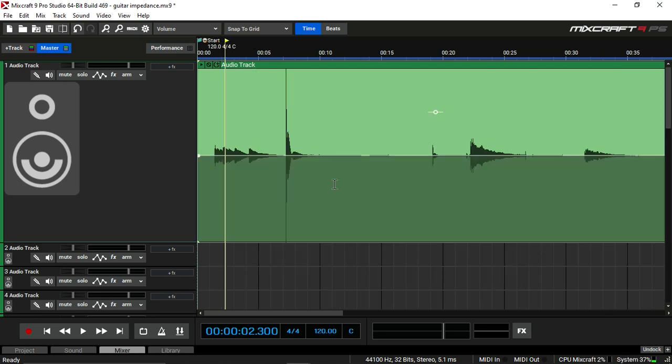In this example, I get to switch between the line and the instrument level.